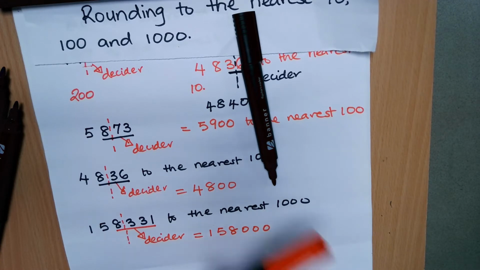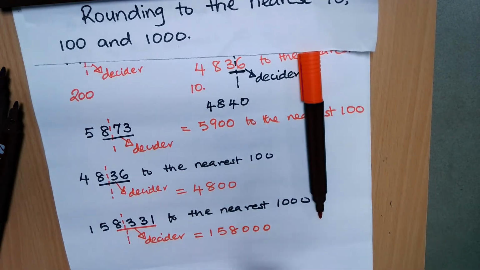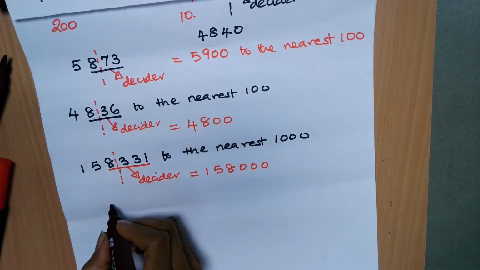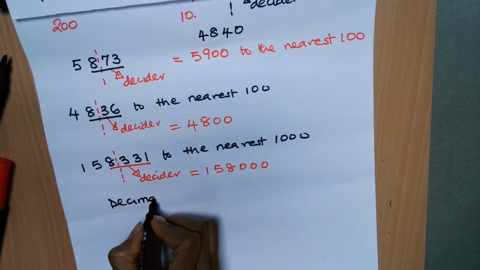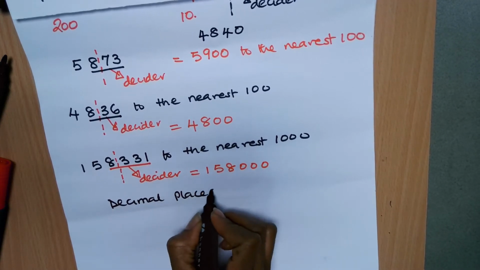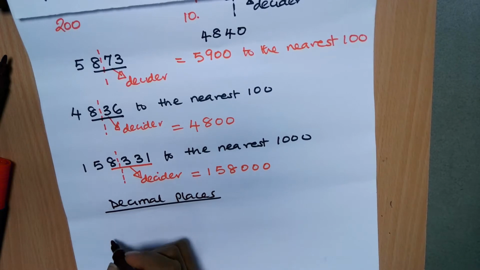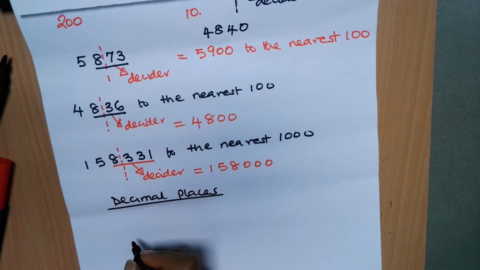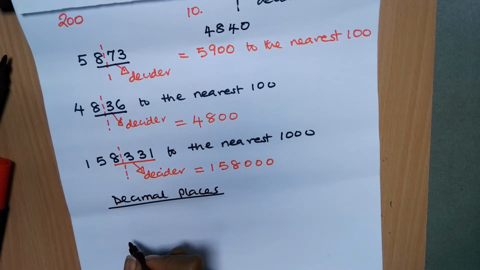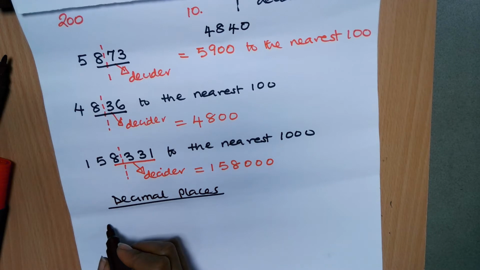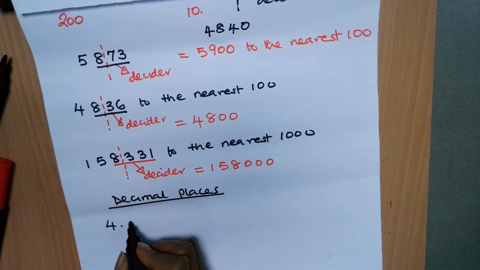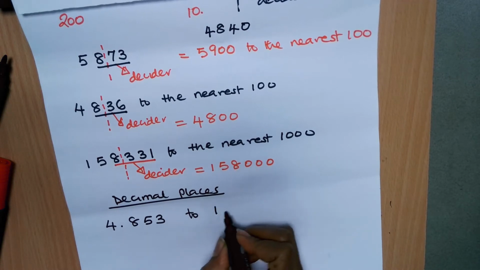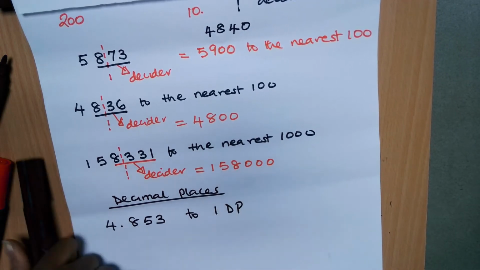Okay, so the next we're going to talk about will be decimal places. So decimal places, we've got an example. It's different from rounding to the nearest 10 or rounding to the nearest 100 or to the nearest 1000. So we have an example: 4.853 to 1 decimal place.